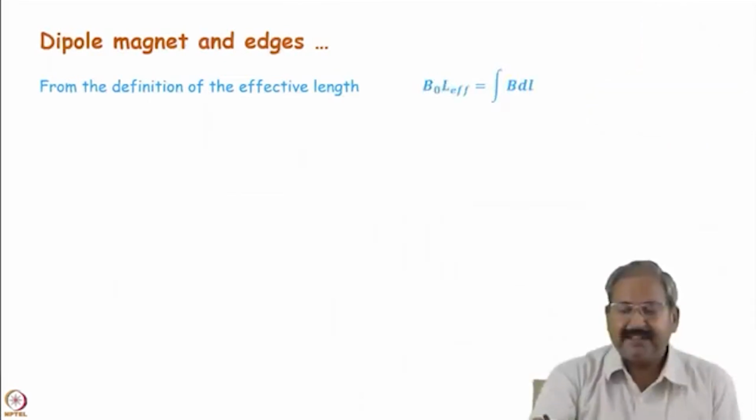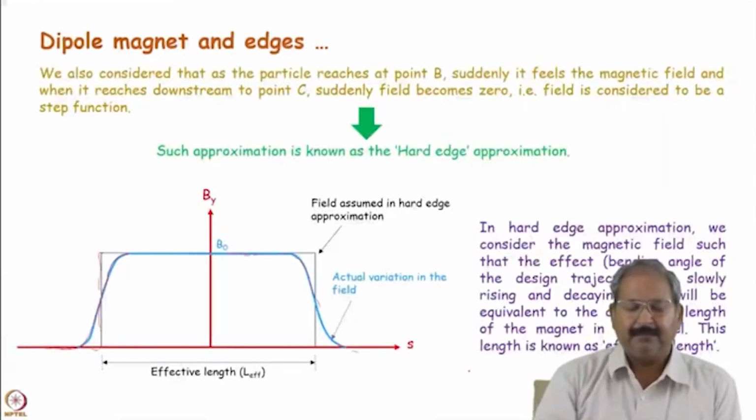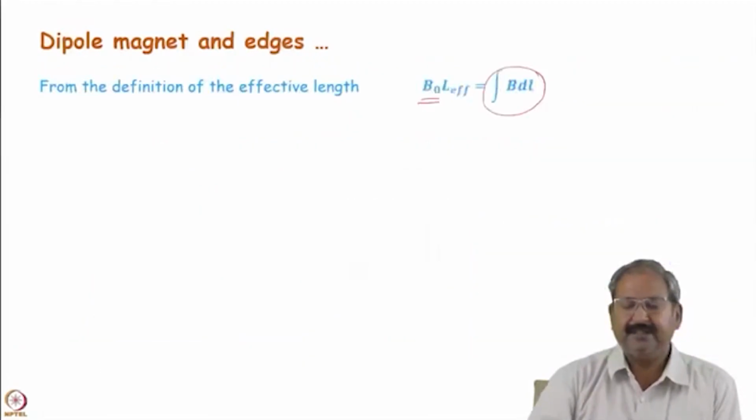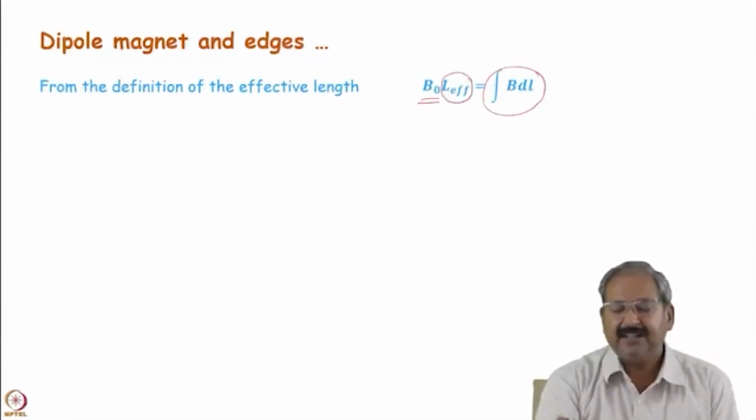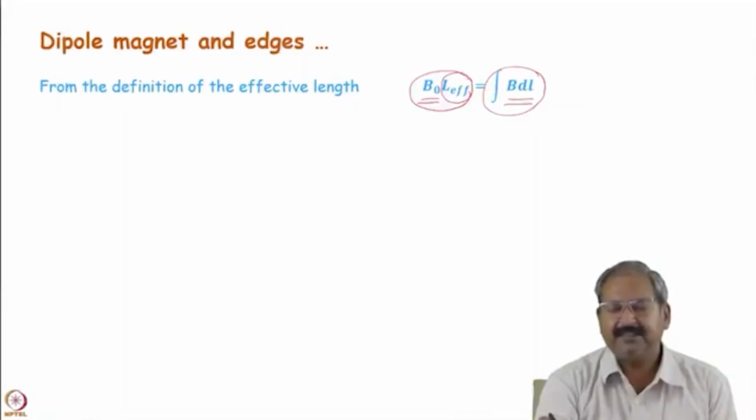Now, because the bending angle from any magnet is the integration of B dot dl, if we take B0, the maximum magnetic field in the dipole magnet at the center, and we take some number L, this combination should give us the integration of B dl. Here B dl is the actual distribution of magnetic field, with some gradual rise and gradual fall.